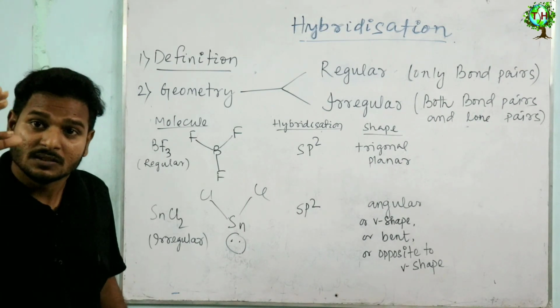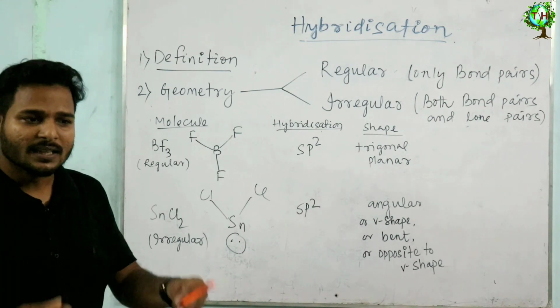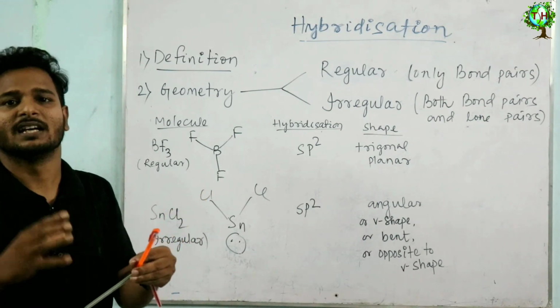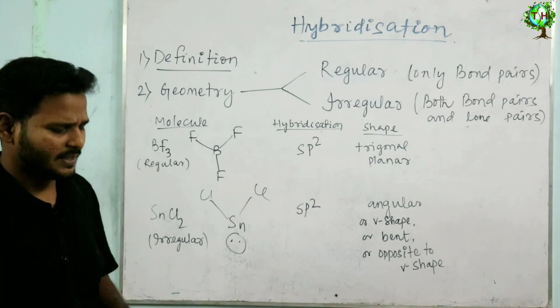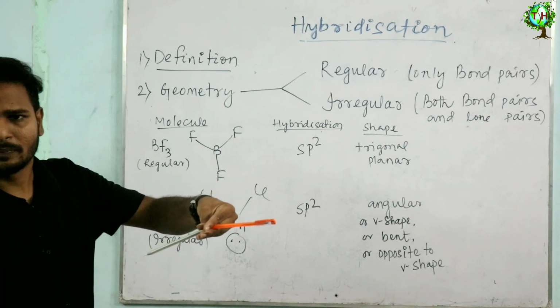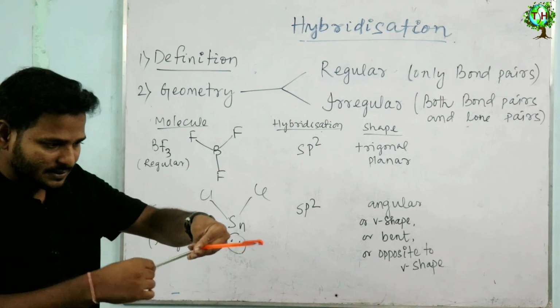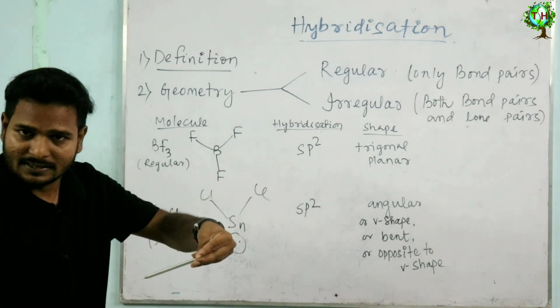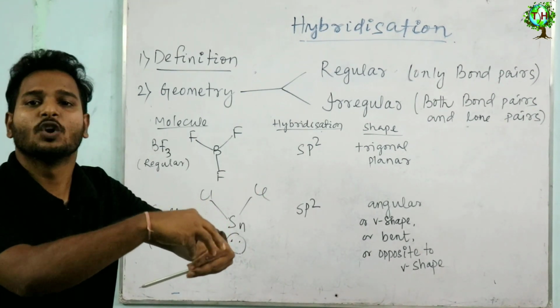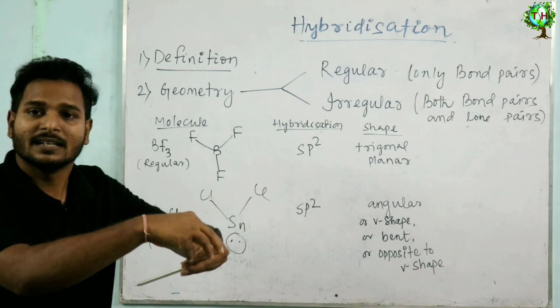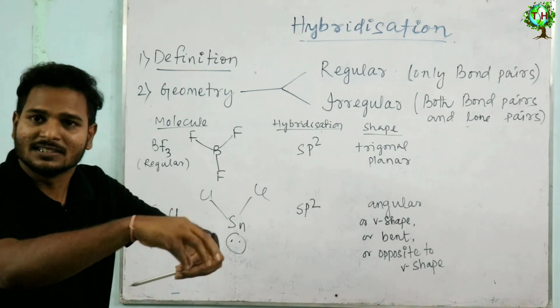The lone pair occupies more space, so it has more repulsion as compared to the bond pairs. When I take three bond pairs, they have symmetrical repulsions. If the structure has a lone pair, definitely the repulsion is different in this structure.